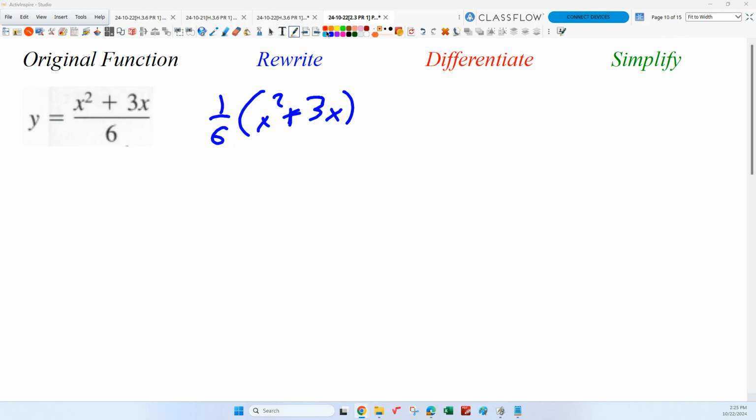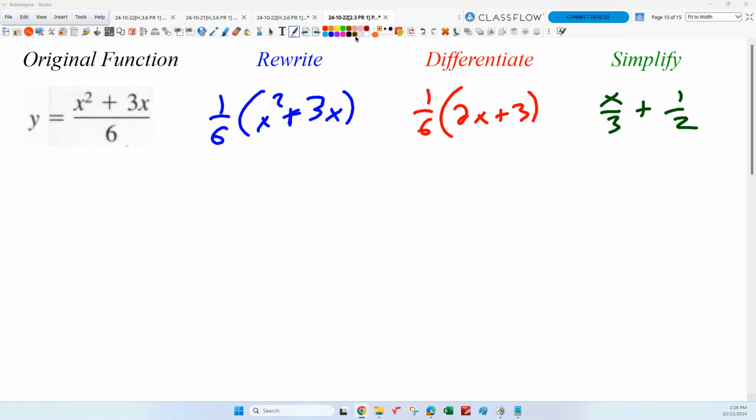What's the derivative then? Well, I'm going to leave the 1/6 out front for now, but you're right. 1/6 times 2x plus 3. If I just differentiate that polynomial term by term, and now I could redistribute the 1/6, and I just get x over 3 plus 1/2.